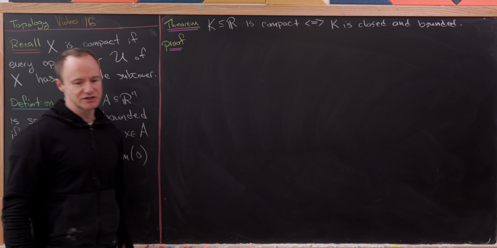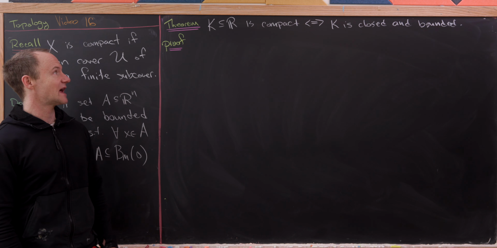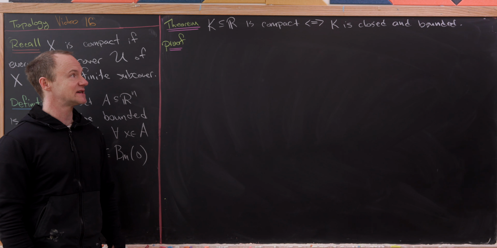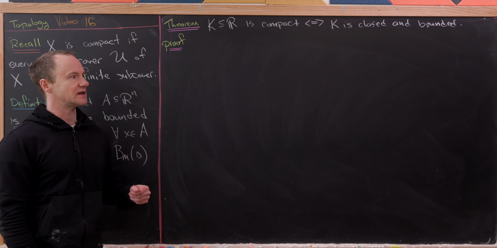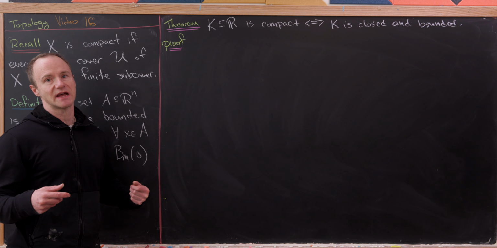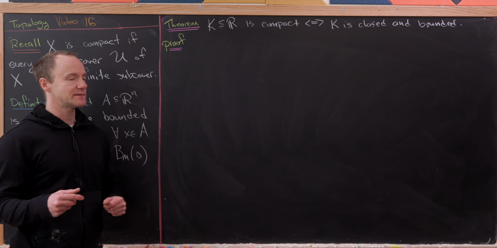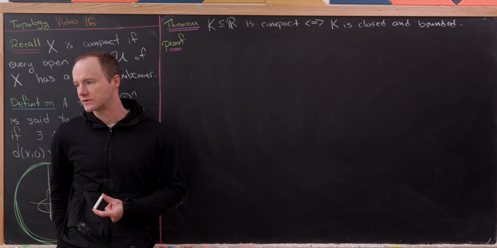Okay, so anyway, let's get to our main result of the video, which is proving that a set in the real line is compact if and only if it's closed and bounded. And this inductively will extend to a subset of Rn. So a subset of Rn is compact if and only if it is closed and bounded.